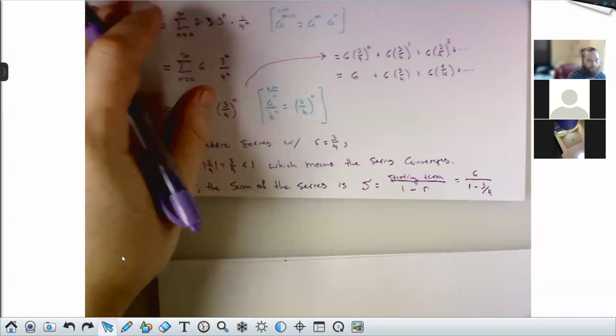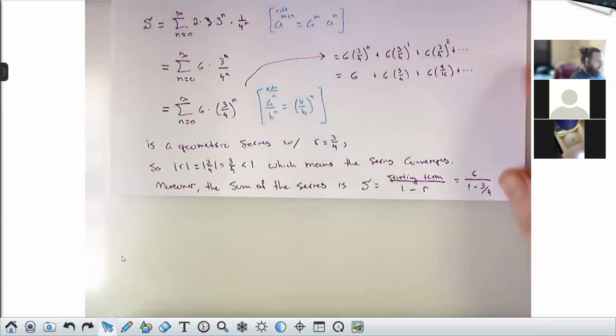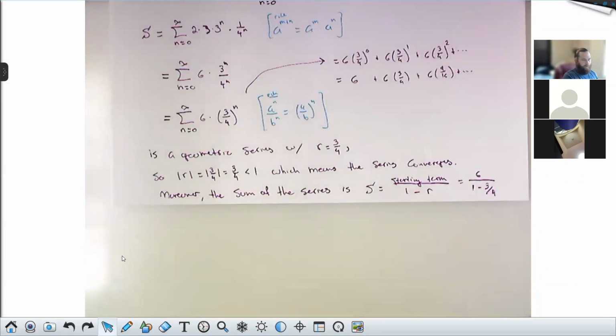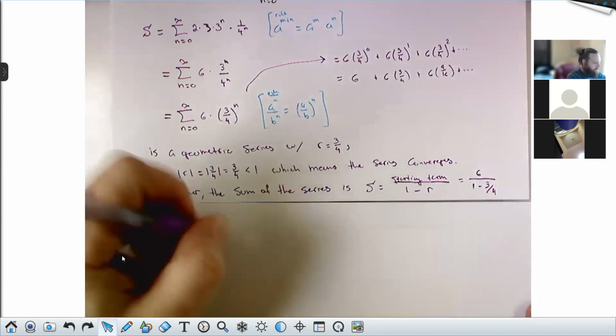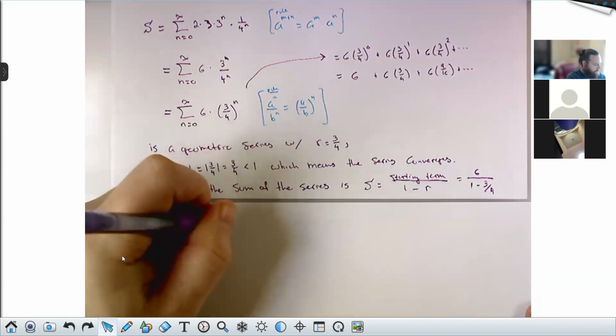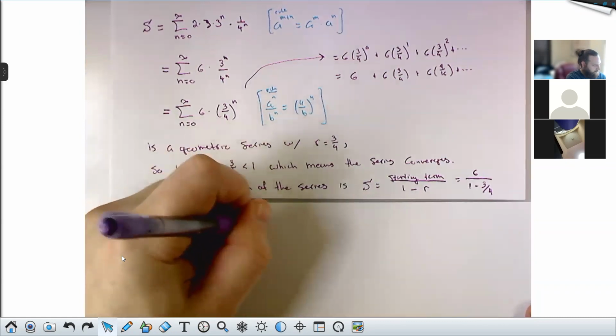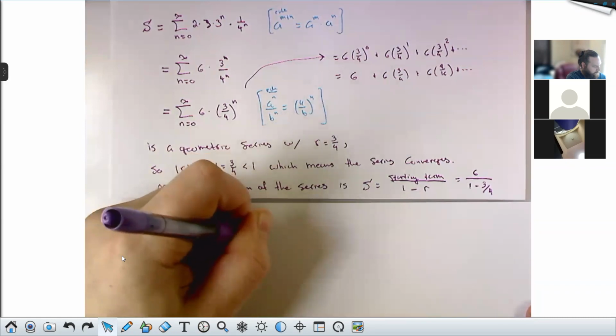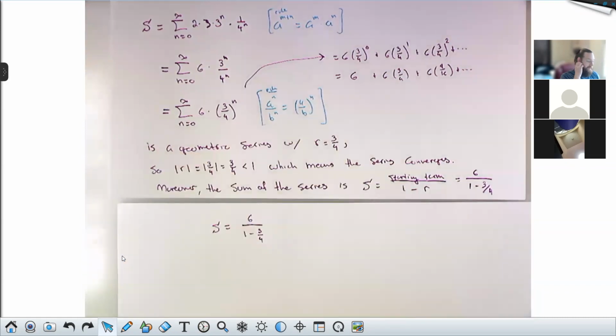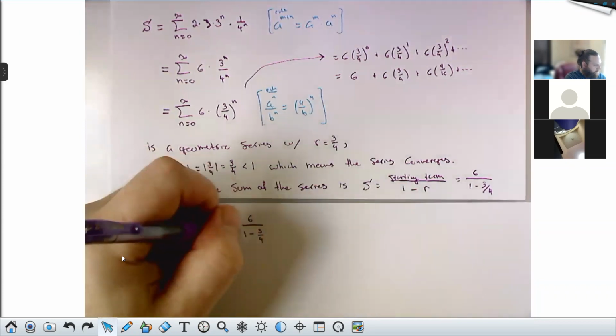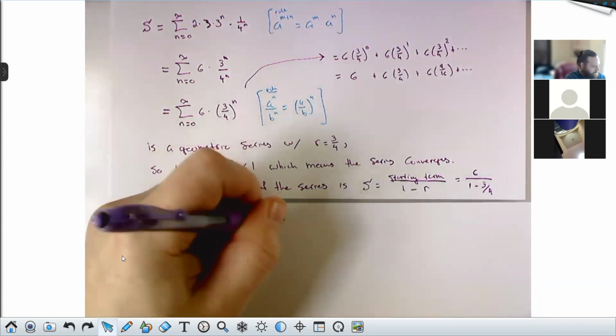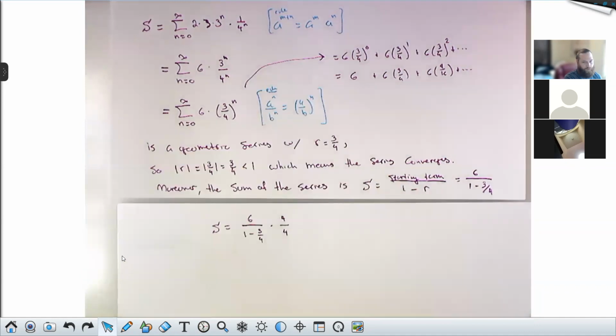And we have the power to make that prettier. I'll just copy it down here. S equals 6 divided by 1 minus 3/4. If I multiply top and bottom by the number 4, I can do that.